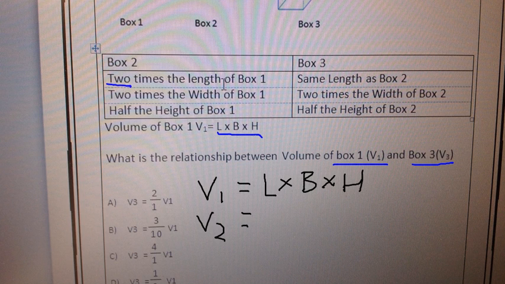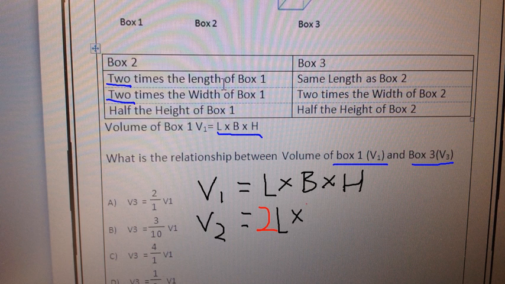Okay, so it will be 2L times, now B. B is the same as the width. Okay, the breadth is the same as the width. How about the width? How many times the B? The B is also 2 times.